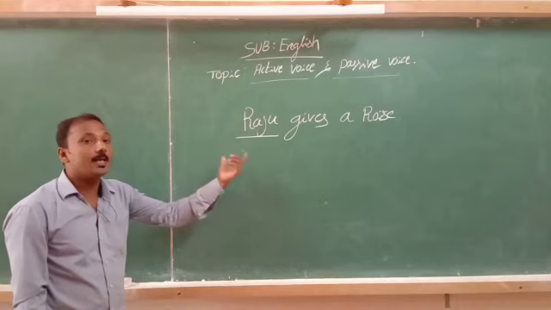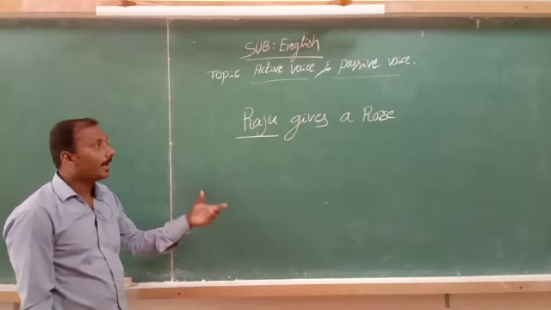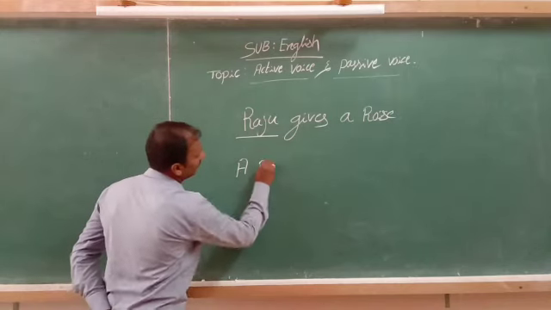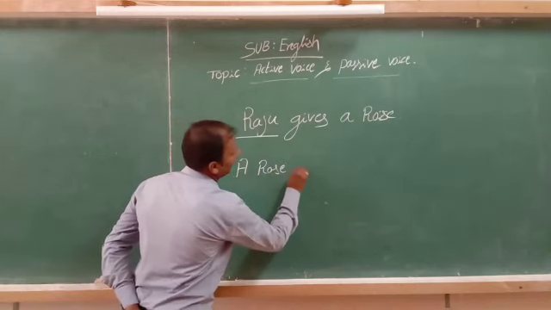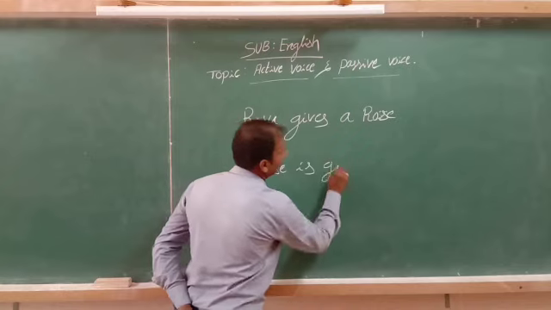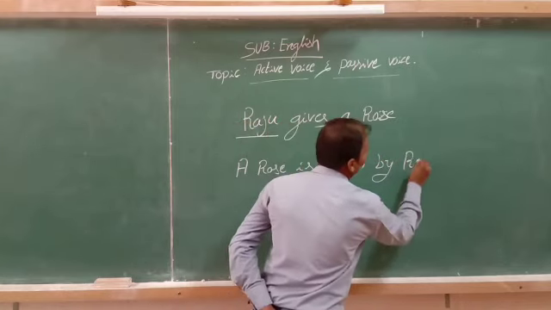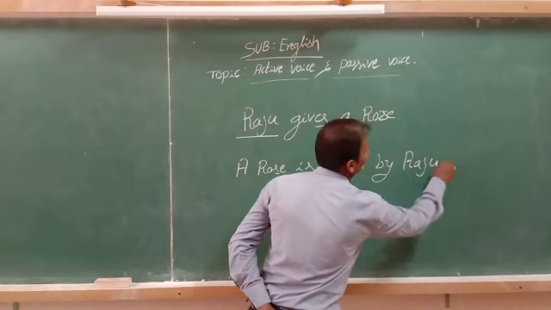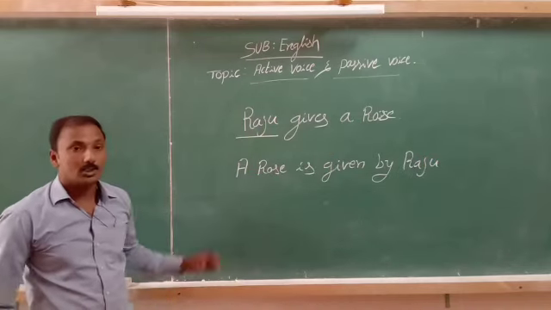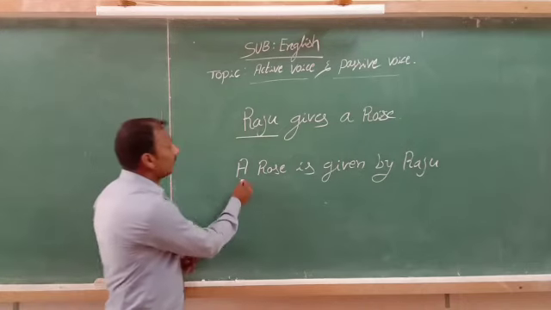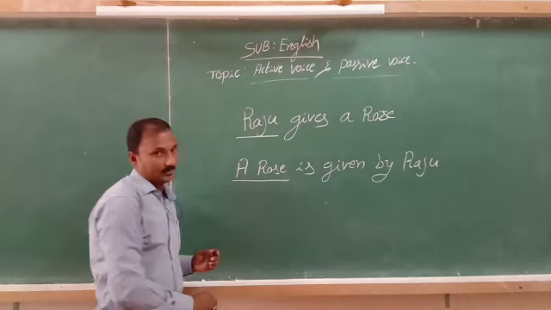And this sentence changed to passive, we will write another way. A rose is given by Raju. In this sentence, we give more importance to the rose.